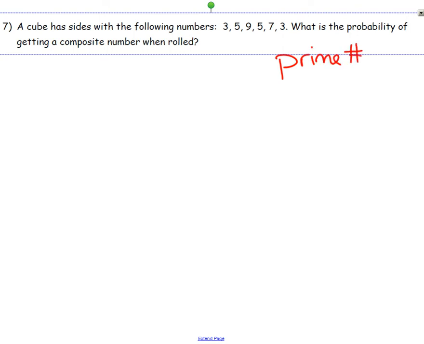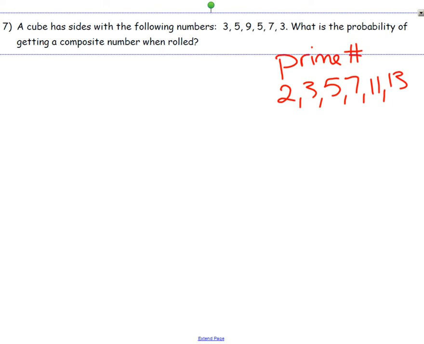So, if we made a list of our prime numbers, technically, 1's not considered prime, depending on who you talk to. So 5, 7, 11. And we can keep going, but we don't need it. There's no even prime numbers.